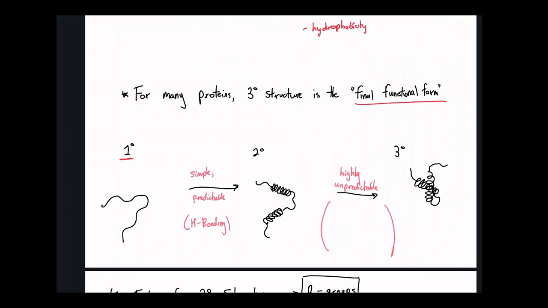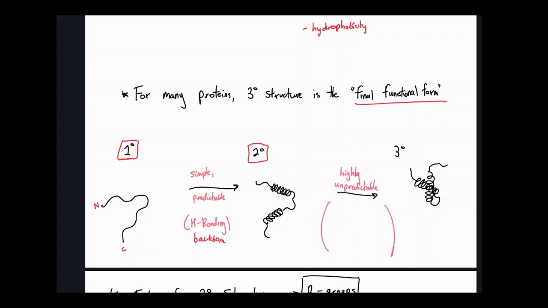So again, primary structure is the chain N to C of amino acids. Then it folds in simple and predictable ways to make secondary structure, so that's your alpha helices and maybe your beta sheets. Right here, only alpha helices are shown. It's H bonding of specifically the backbone that gives you the secondary structure, so that's all pretty predictable.